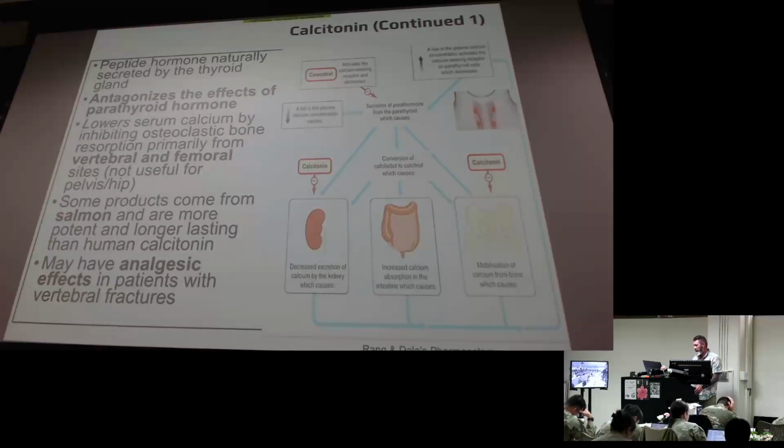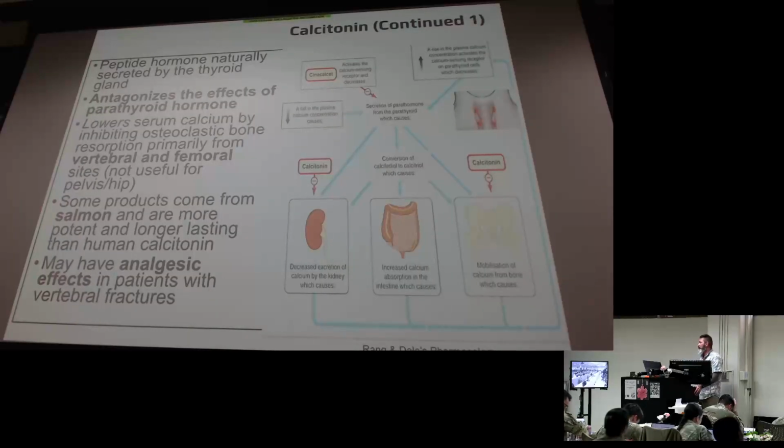So calcitonin is going to antagonize those effects of our normal parathyroid hormone causing bone resorption or calcium resorption. It lowers the serum calcium by inhibiting the osteoclastic activity and bone resorption, both vertebral and femoral. Not useful for pelvis or hip, and we do get some of the products from salmon, more potent and longer lasting than our own human calcitonin, interestingly.